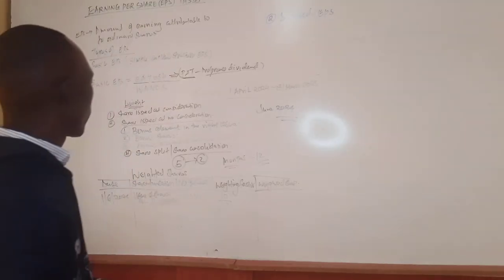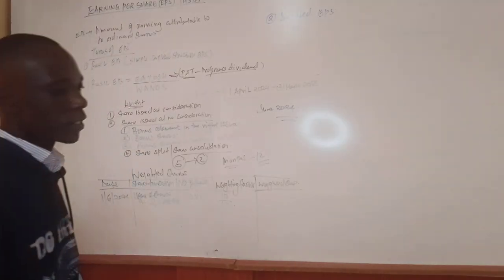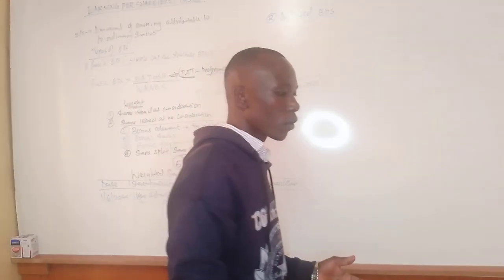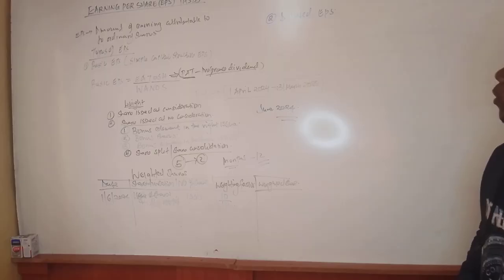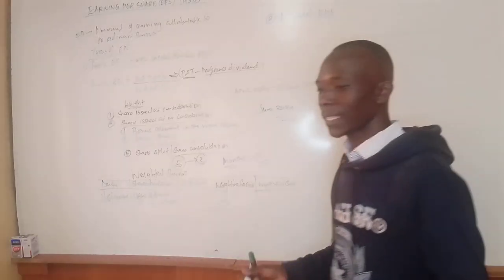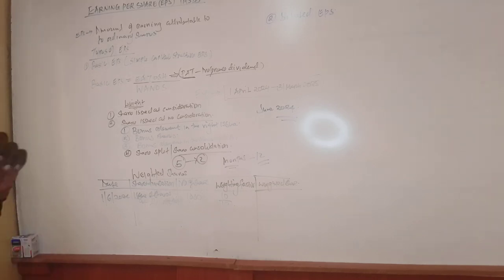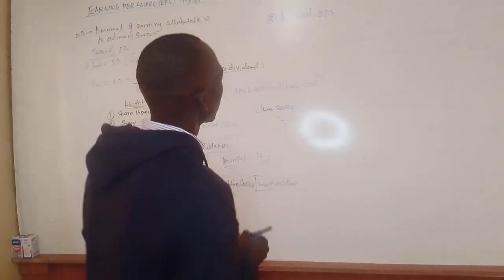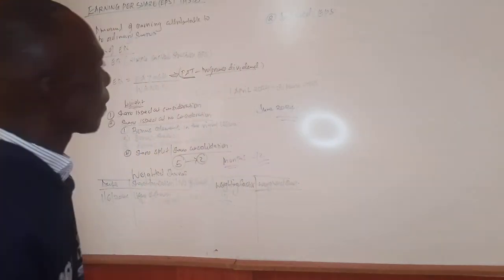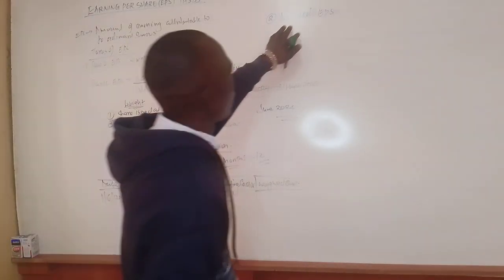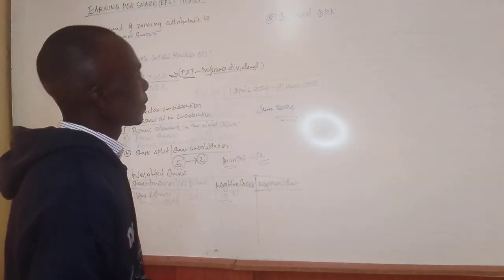And when we talk about the diluted EPS, this is whereby we calculate the earnings per share, assuming all the convertible securities were exercised, or all the convertible potential ordinary shares were converted. So therefore, in this case, you are going to assume all the convertible securities have been converted, and then you compute the earnings per share in this case.